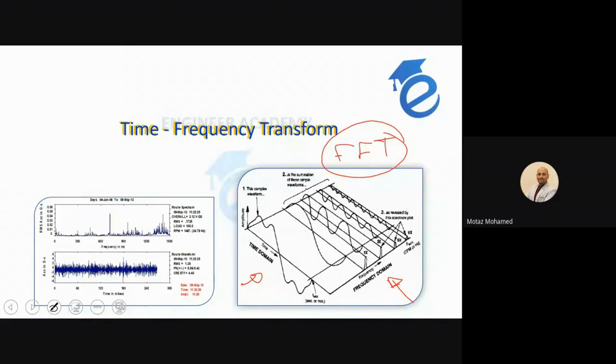Instead of this complex time waveform, we start to have a very simple spectrum, which is the relation between amplitude and frequency instead of amplitude and time. As you can see, this time waveform is the relation between amplitude and time, but here it is the relation between amplitude and frequency. You can see the frequency in hertz here.